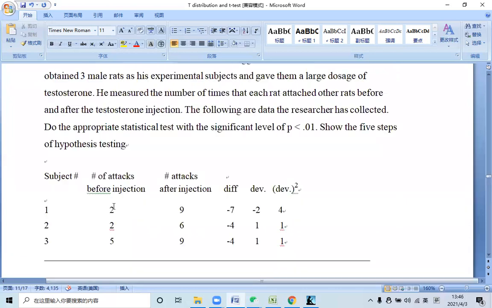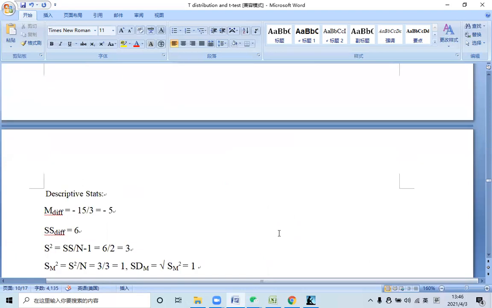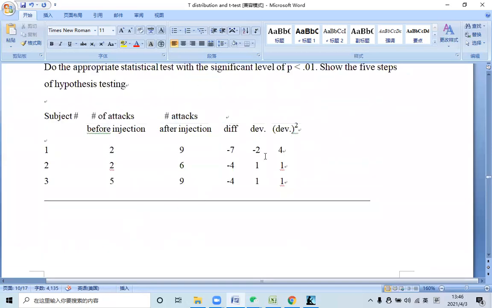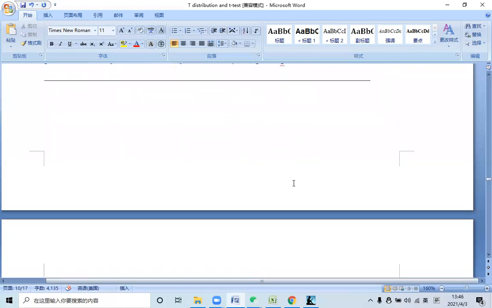And you get the standard deviation and variance of the difference. On average, the rats got an increase of 5. And you get the deviation score on the difference and the squared deviation.